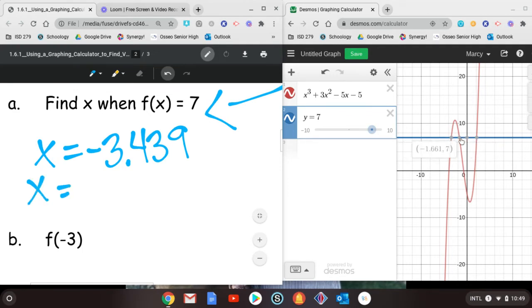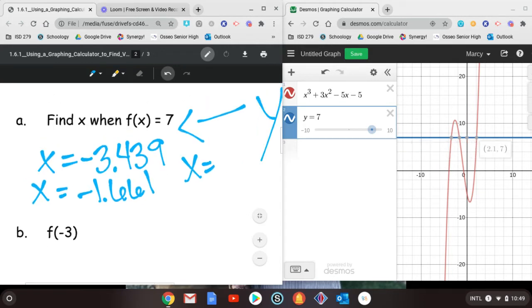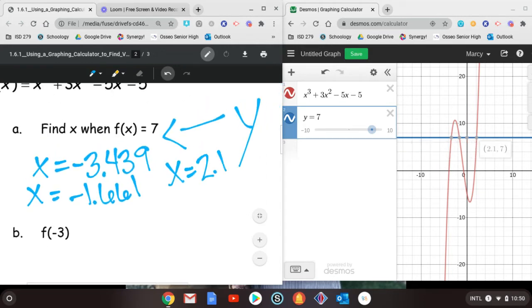Another one is negative 1.661. And then your last one, that was 2.1. Whoops. Sorry, guys. There's the bell. Okay, so there is my 3 x values.